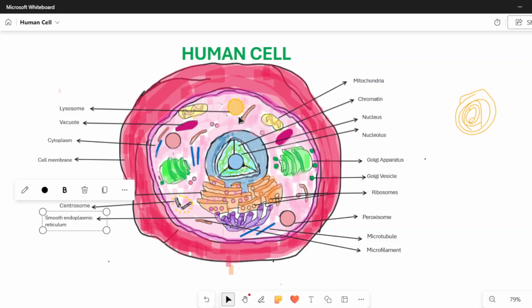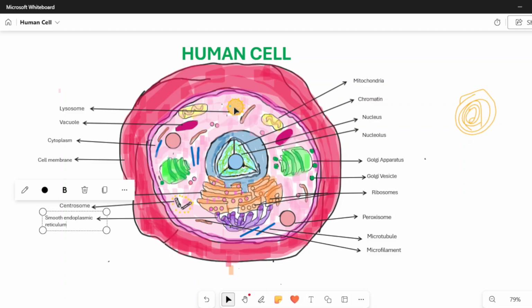So next comes your lysosome. So lysosome is like your scavenger which removes the waste from the human cell. So sometimes some organelles inside the cell die, or there are some bacteria which are present inside the cell.